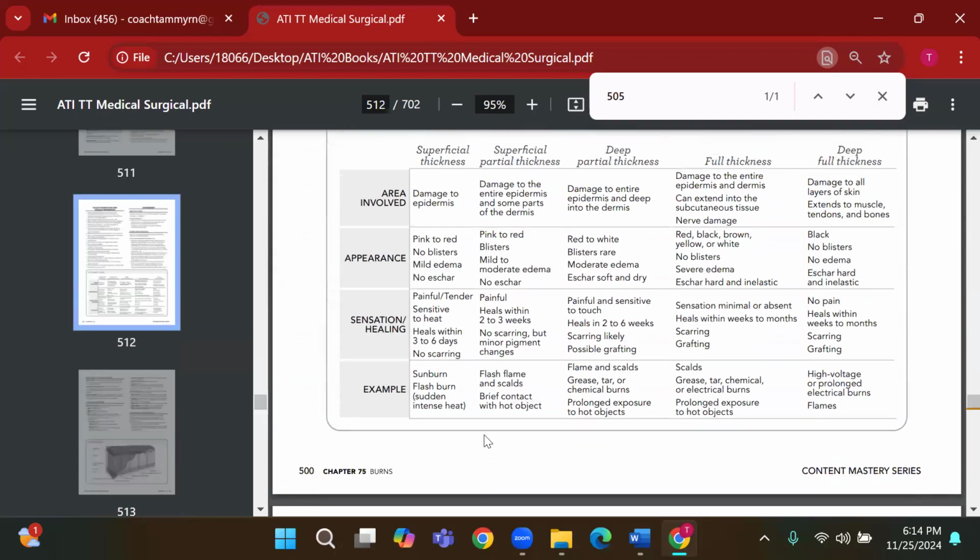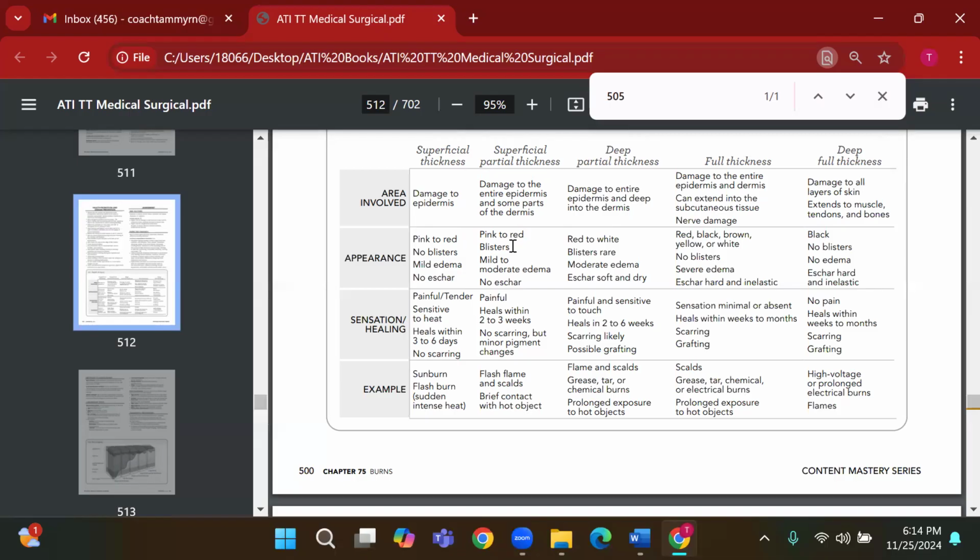What I want you to pay attention to is when you have a superficial burn, what might it look like? It could just be pink to red. I'm going to say both superficial are probably going to tie together. I don't know that I would separate these for the exam, but if you just have a very superficial burn, it could be a little sunburn, right? Pink to red, no blisters, mild edema, no eschar, which just means no black tissue, okay? When we get to the superficial partial thickness, which is a little deeper, we might get some blisters.